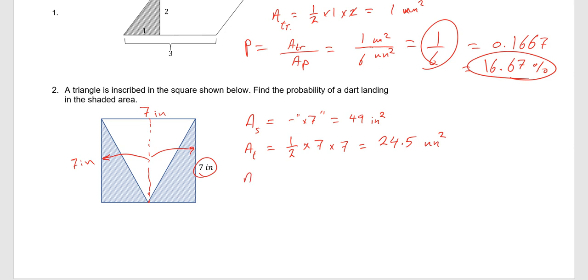So the area of the shaded region is 49 minus 24.5, which is essentially 24.5.